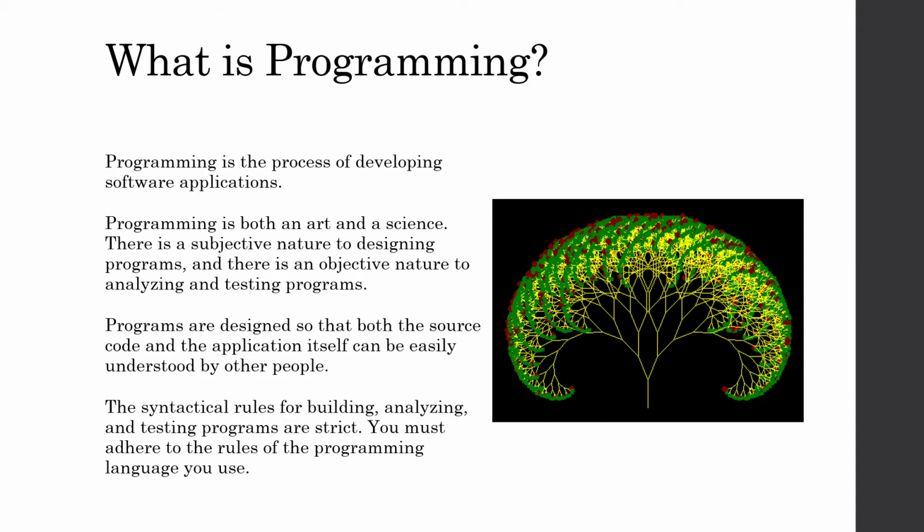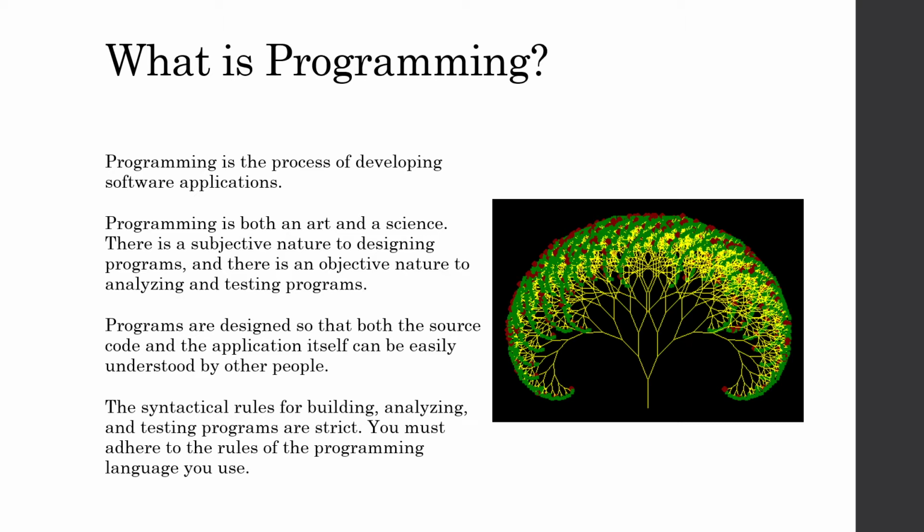But when you go about measuring those trade-offs, when you say, okay, this is how fast my program is, or this is how many lines of code my program happens to be, that's a very set in stone and very objective part of programming. That comes with the process of analyzing and testing your program. When it comes to testing, there's either going to be a right way for the program to work or a wrong way for the program to work.